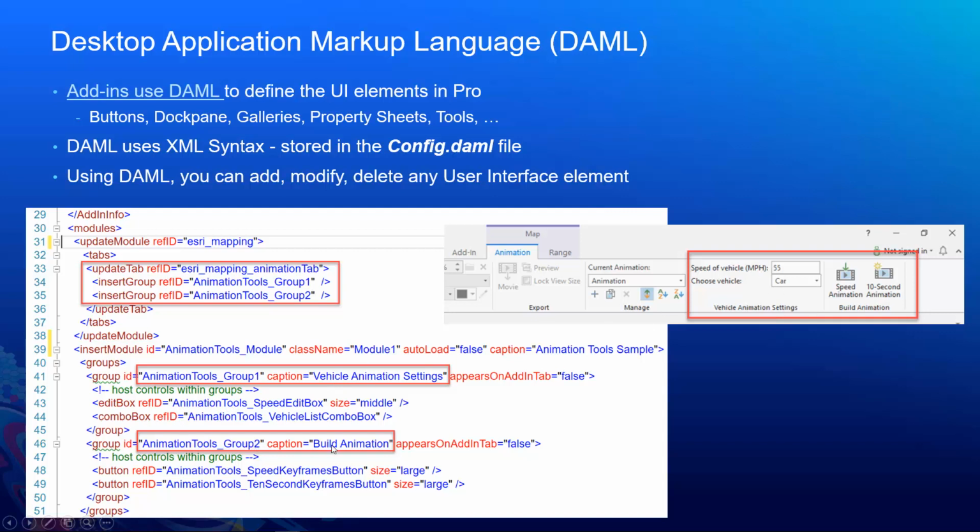Next is group 2, which is the build animation group, and those are going to contain two buttons. Here you can see the button lines here, the speed keyframes button and the 10-second keyframes button here. Again, this is from the animation tools sample that you could try out. So with DAML, you can add, modify, and delete any user interface element from the ribbon.